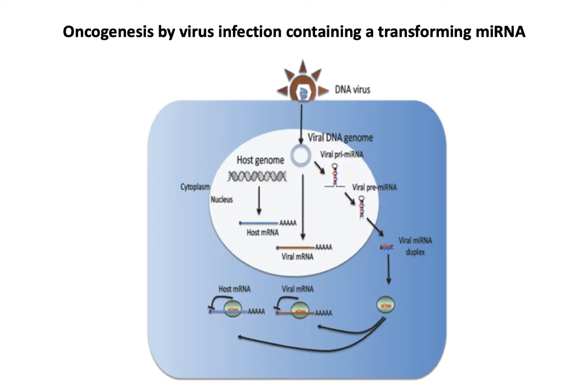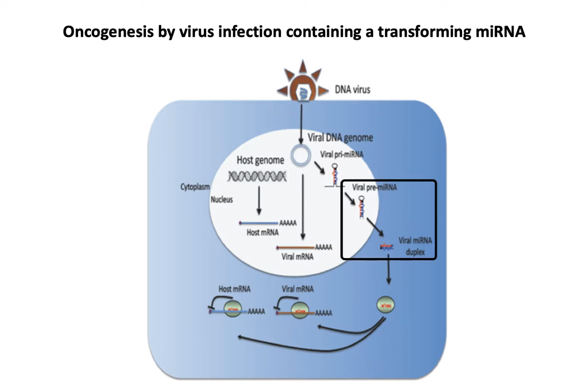Some cancers can also cause a change in an RNA, a microRNA, that can then inhibit the expression of some of the cellular RNA. So in this case, there's a DNA virus. It forms, in this case, a pri-microRNA.